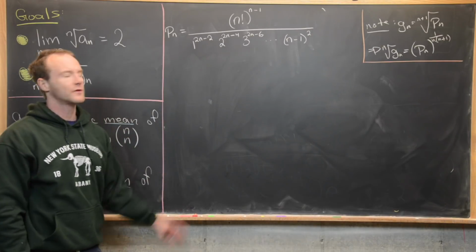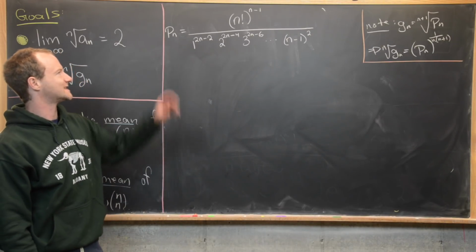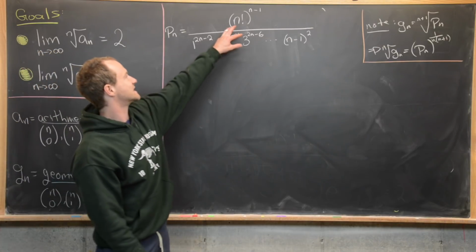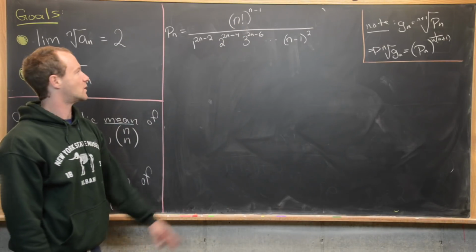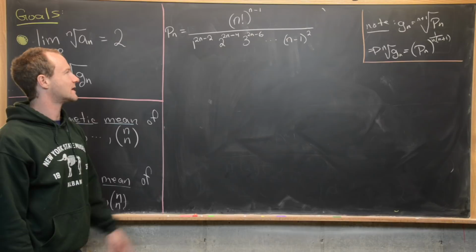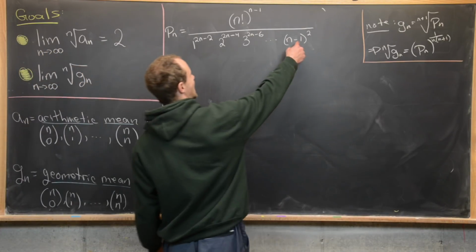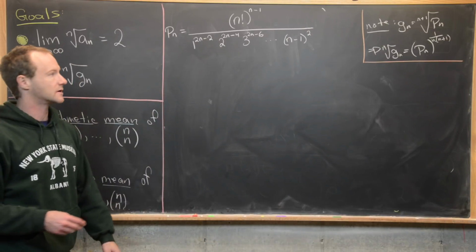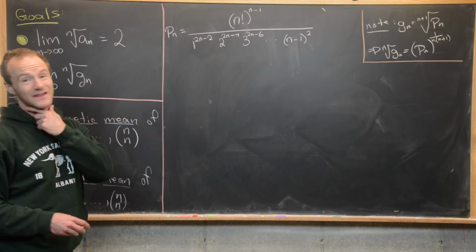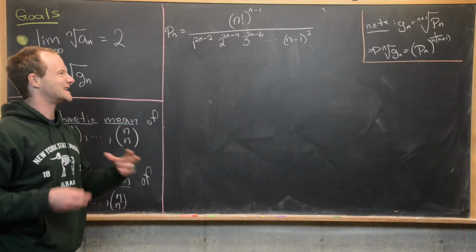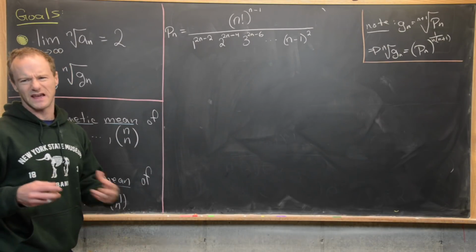So on the last board, we wrote this product of binomial coefficients in the following form. So we've got this n factorial to the n minus 1 over 1 to the 2n minus 2, 2 to the 2n minus 4, and so on and so forth, all the way down to n minus 1 squared. So now what I want to do is apply the natural log to this to kind of tame these exponents and this big division.